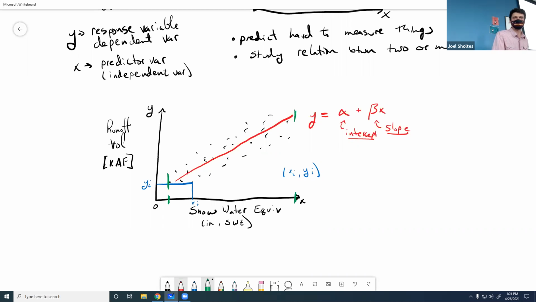So in this case, the regression equation is, we'll say applicable is probably a better word for that. Valid.